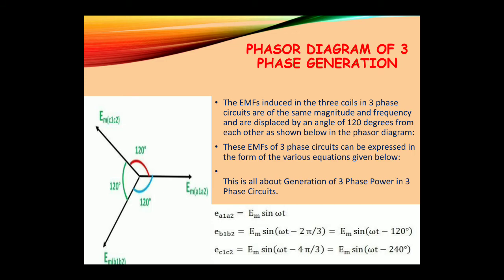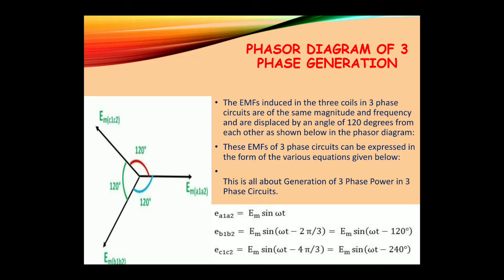Sin is the sinusoidal function, and omega is in radians, that means 2 pi f, and t is the time. EB1 B2 equals EM sin omega t minus 2 pi by 3, or the angular displacement, that is 2 pi by 3 radians, that means minus 120 degrees.